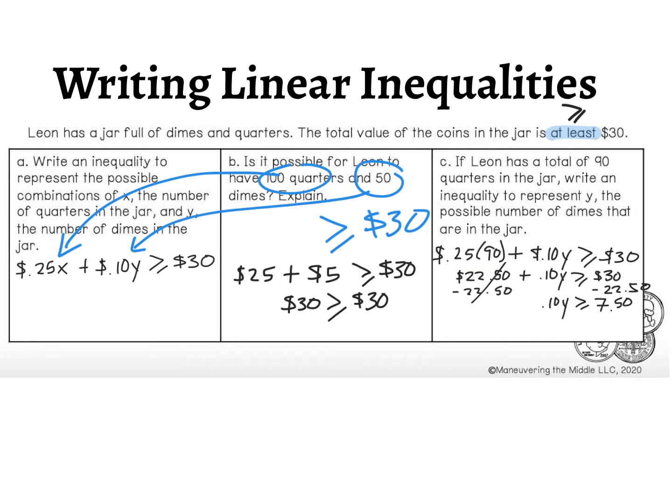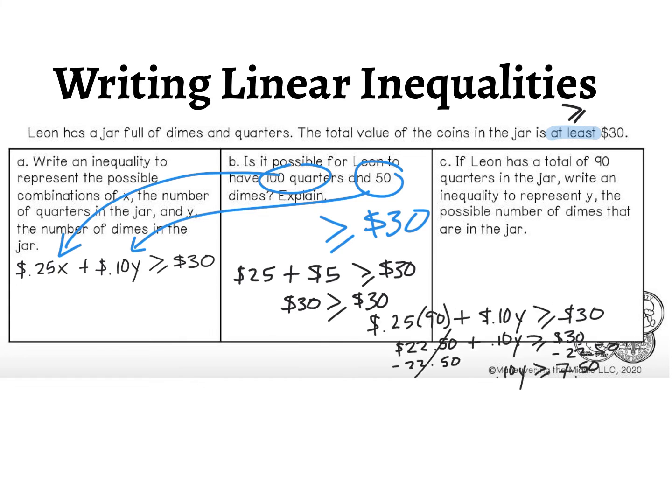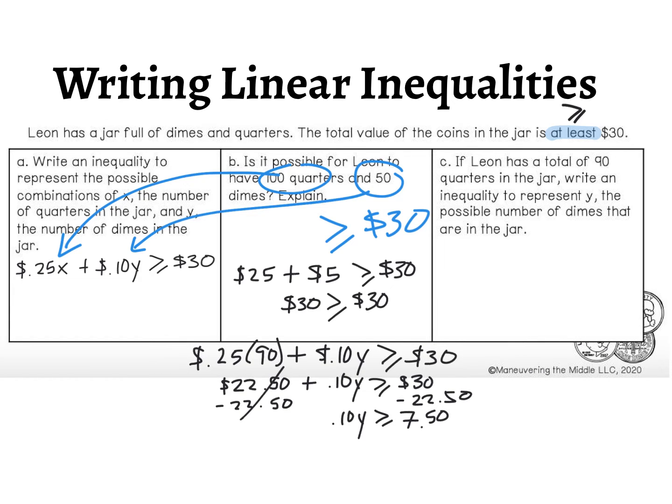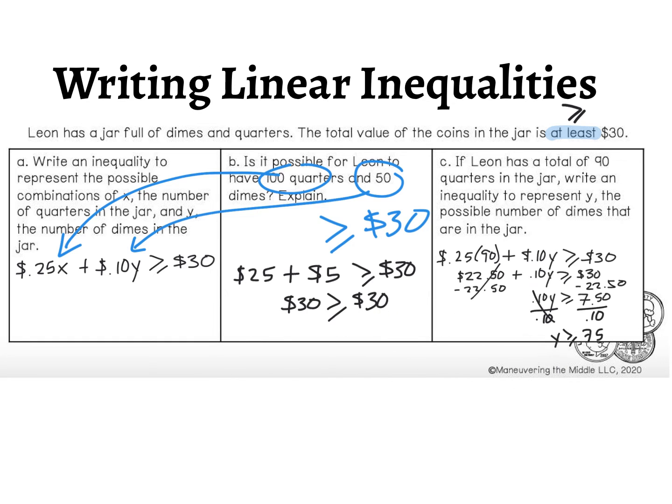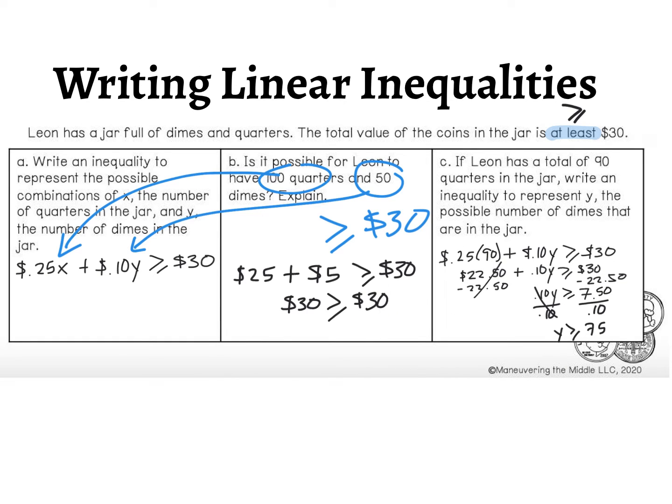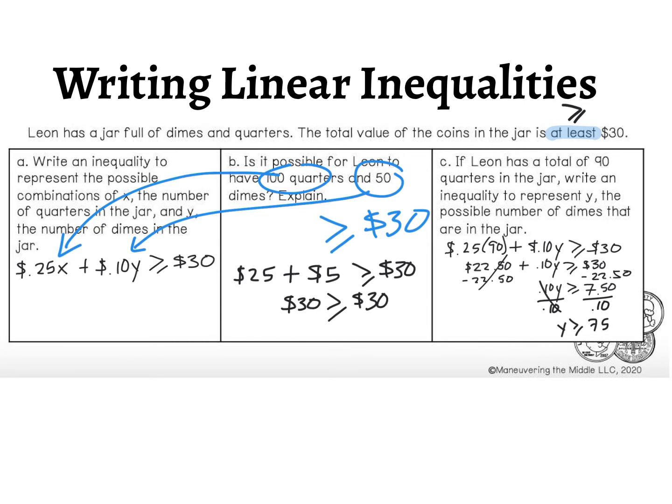The next step is to divide both sides by 0.10. Y has to be greater than or equal to 7.50 divided by 0.10. That's 75. What does this mean? It means that he has to have at least 75 dimes in the jar for him to have at least $30.